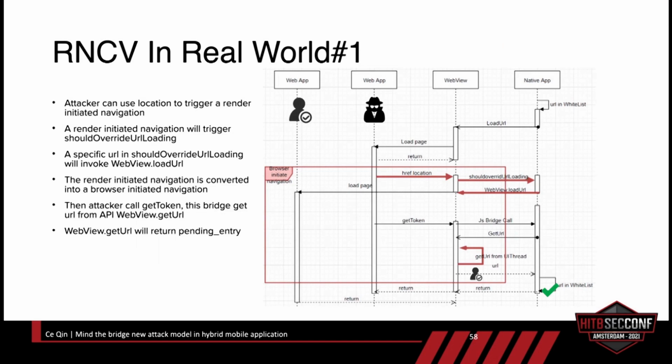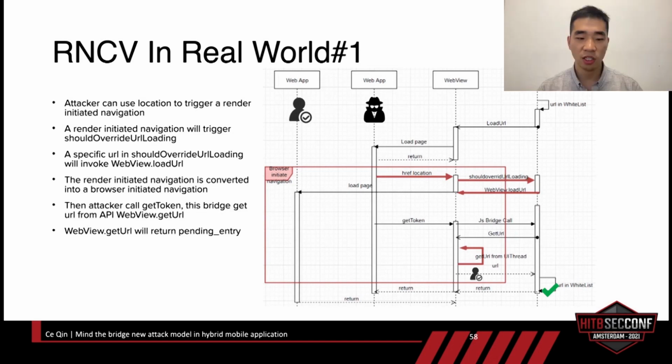Attacker can use location to trigger a render-initiated navigation. A render-initiated navigation will trigger shouldOverrideUrlLoading. A specific URL in shouldOverrideUrlLoading will invoke WebView.loadUrl. The render-initiated navigation is converted into a browser-initiated navigation.